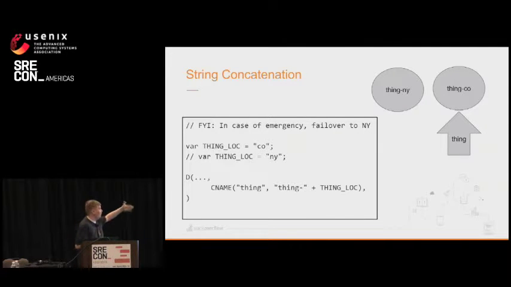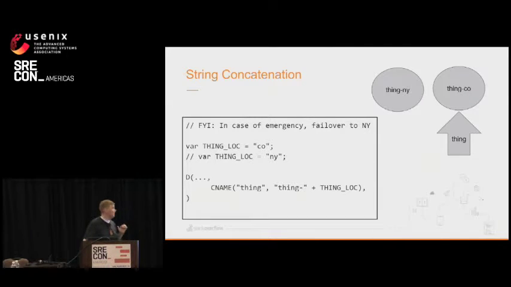We have a service in Colorado and in New York, and we name it thing-CO and thing-NY. So it's pretty simple to say, where is the thing as a variable, and use a string, and then we can just concatenate thing-CO or thing-NY to generate our actual record for a CNAME. And so we can switch things.